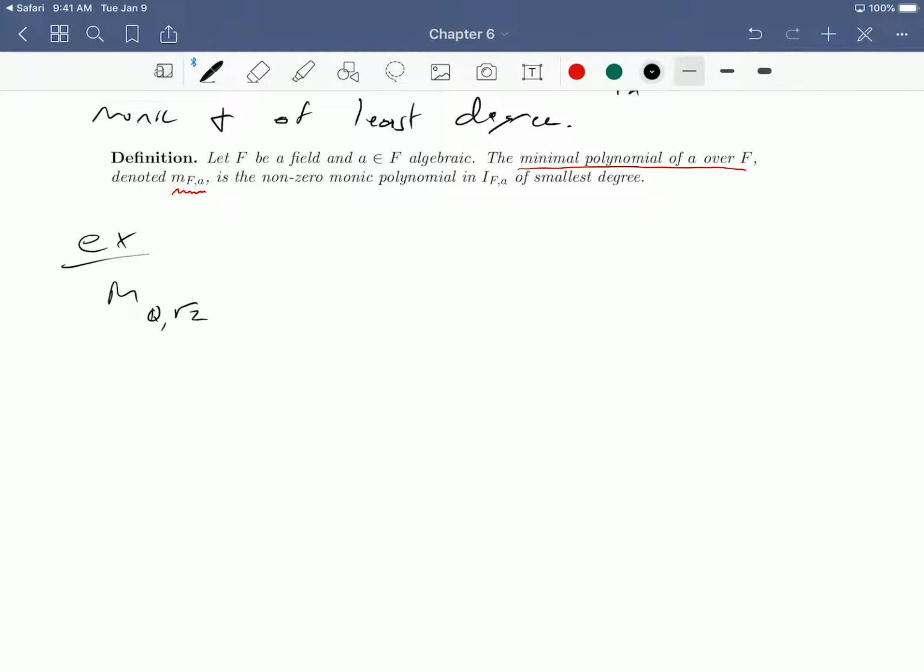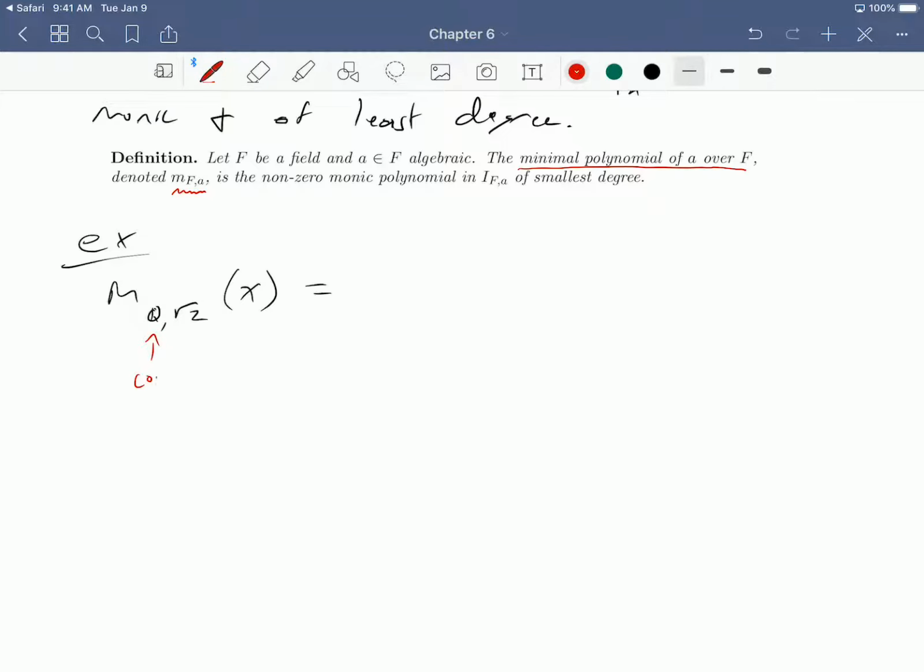So for example, if we want to think about what's the minimal polynomial over q of the square root of 2. It's a polynomial, so I'm going to write it as m of x, with these subscripts q and root 2. So I'm supposed to find a polynomial. Root 2 is supposed to be a root of it. It's supposed to have smallest degree possible, and it's supposed to have coefficients from the rational numbers.